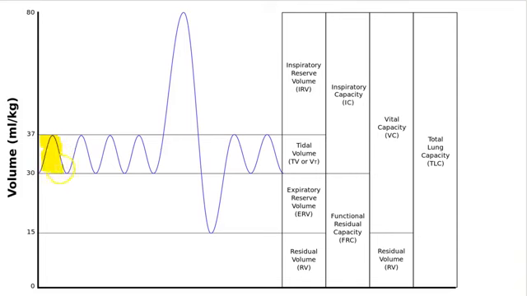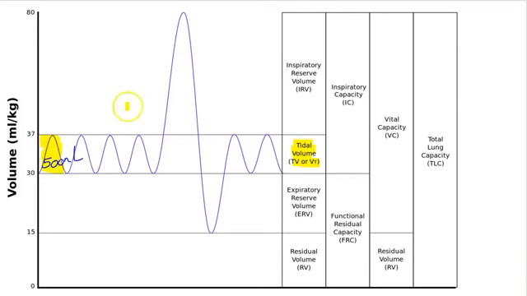This part that I'm highlighting is showing the tidal volume. What is the tidal volume? Tidal volume means the amount of air that you normally take in and take out. Just right now, you're sitting, you're listening, you're doing something, you are normally breathing. That is the amount of air that you breathe in and breathe out. Tidal volume is around 500 milliliters.